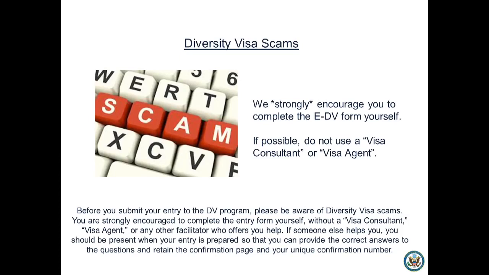You are strongly encouraged to complete the entry form yourself without a visa consultant, visa agent, or any other facilitator who offers you help. If someone else helps you, you should be present when your entry is prepared so that you can provide the correct answers to the questions and retain the confirmation page and your unique confirmation number.